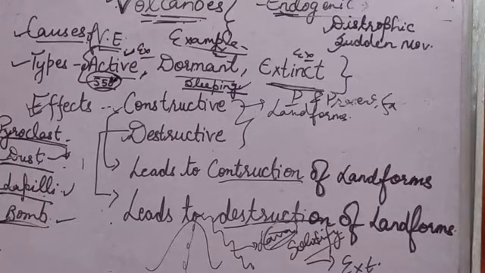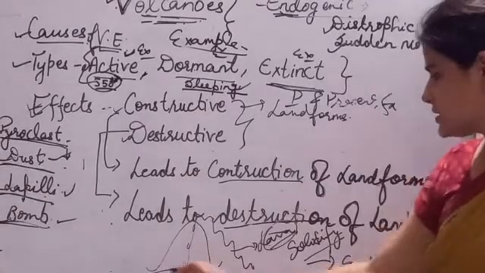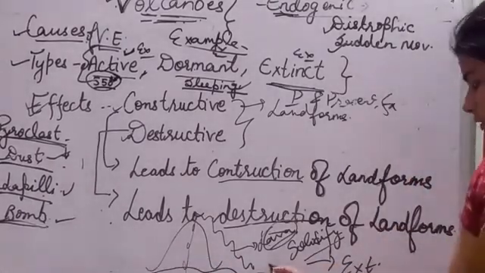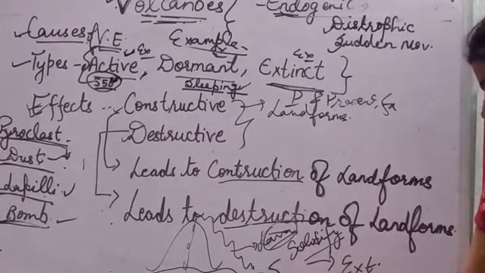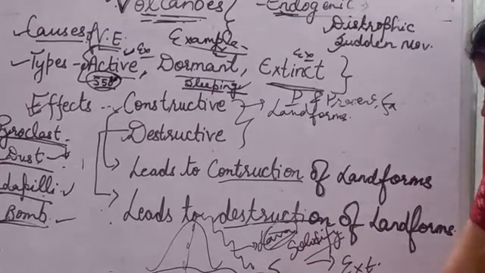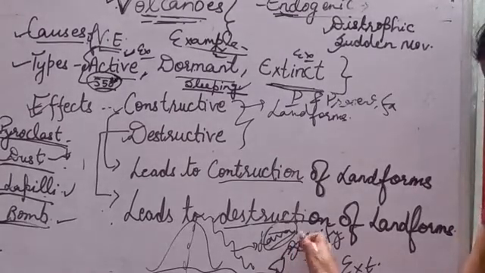Next one is volcanic mountains, which are also built as a result of ejected material from the fissures of the Earth's crust. What are fissures of the Earth's crust? This is the surface of Earth. Fissures are cracks on the surface of Earth, and from this crack, the molten material ejects out.